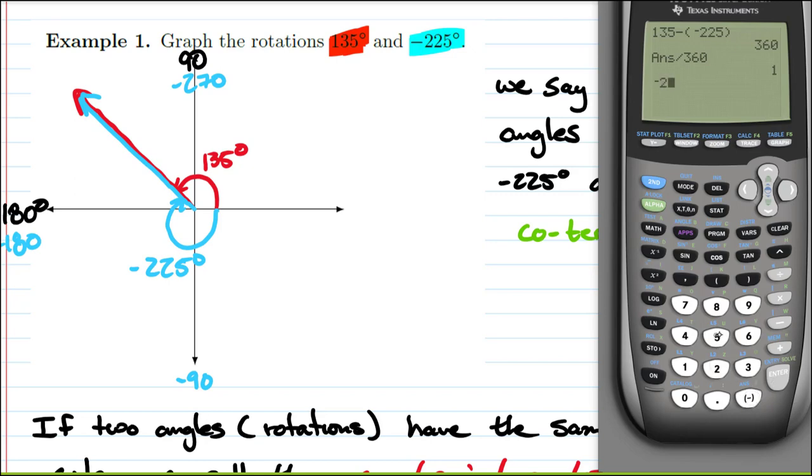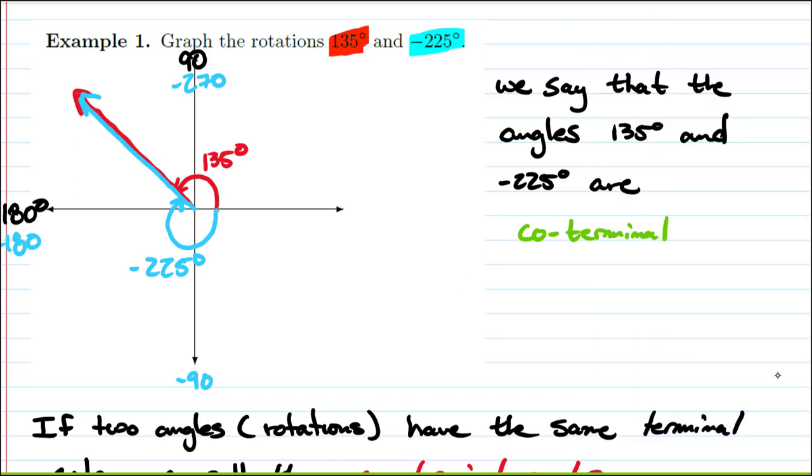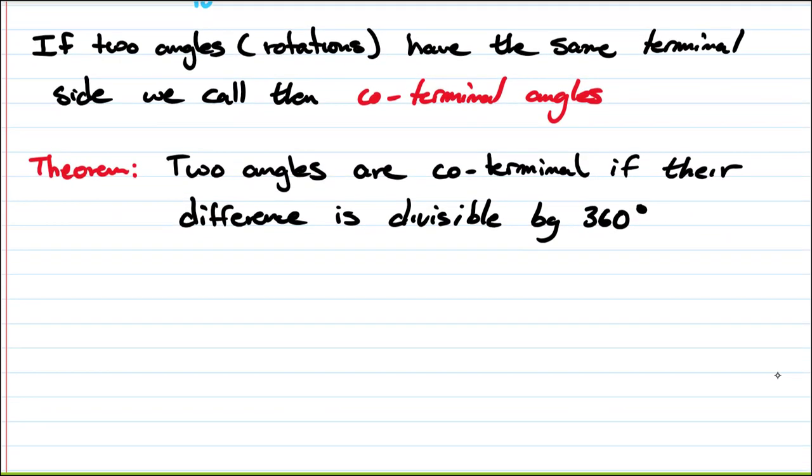If I go negative 225 and I take away from that 135, this time I get negative 360, which is also divisible by 360, negative 1 times. And this is true for any two coterminal angles. If you subtract them, their difference will always be evenly divisible by 360.